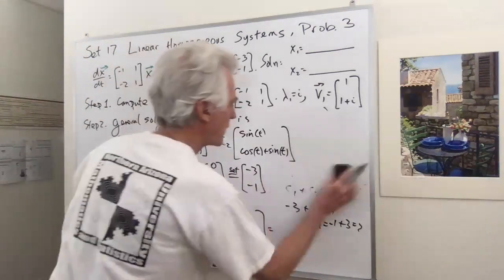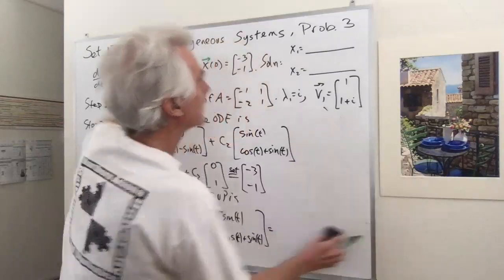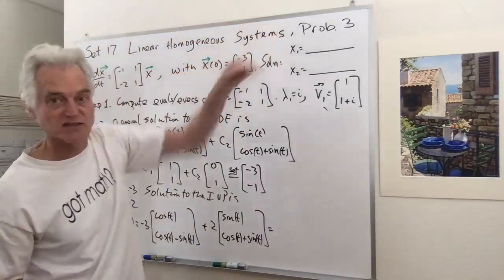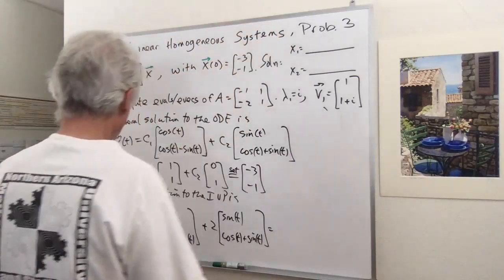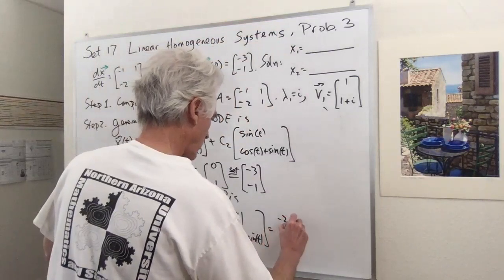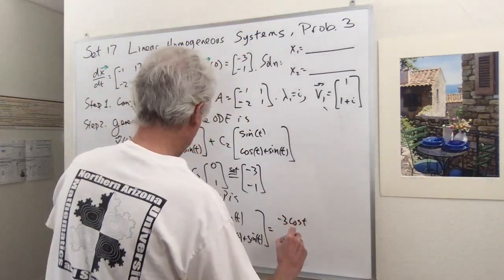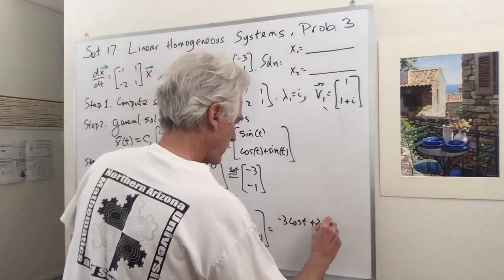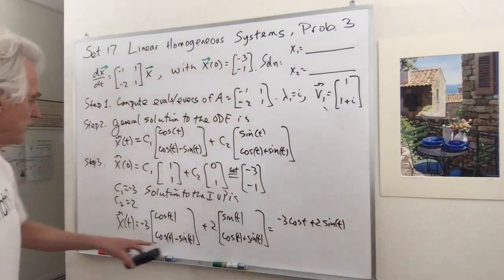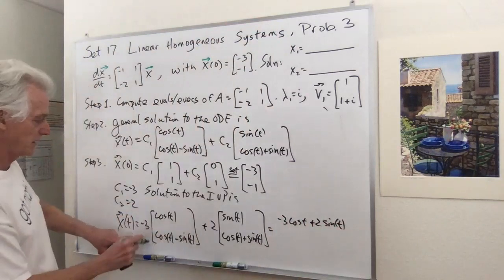And then we probably want to combine all these because they've asked me to fill in what the first component of the solution is and the second component. So -3 cos t plus 2 sine t is the first component. And then I'm going to have to combine things a bit here.